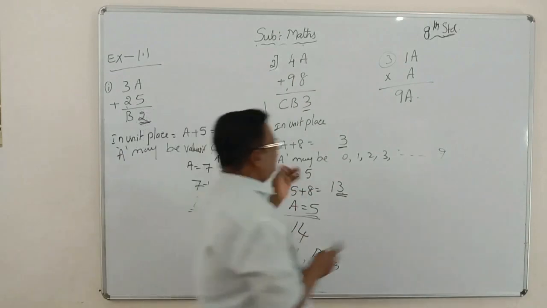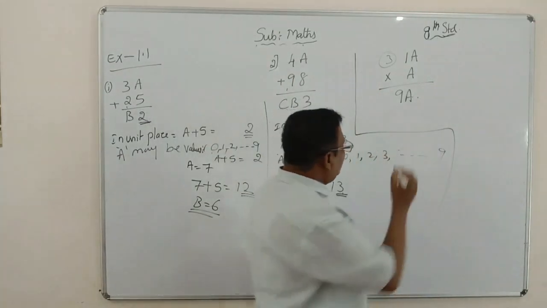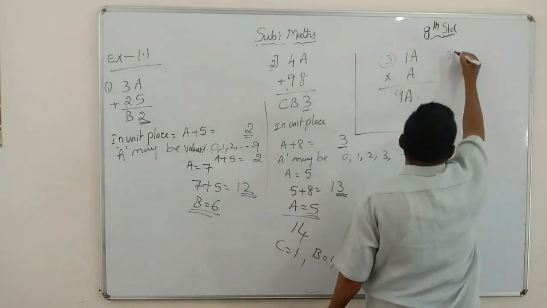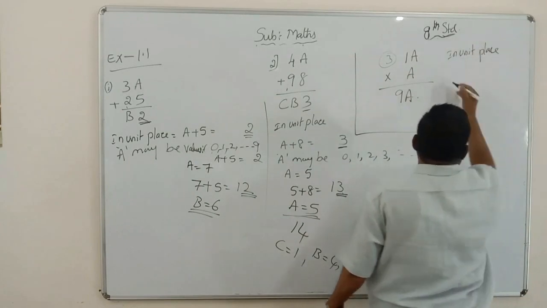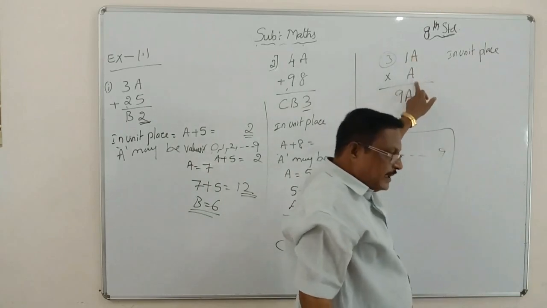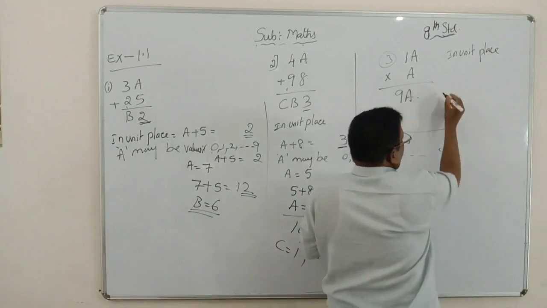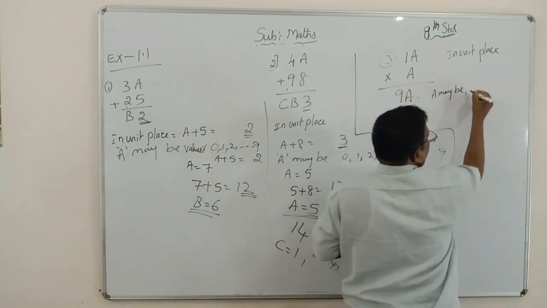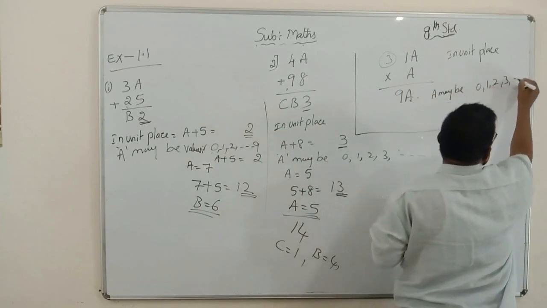Next, third one. When A and A multiply in unit place, the same number is multiplied. A is multiplied by A, then in unit place A comes. It means A may be 0, 1, 2, 3, up to 9.